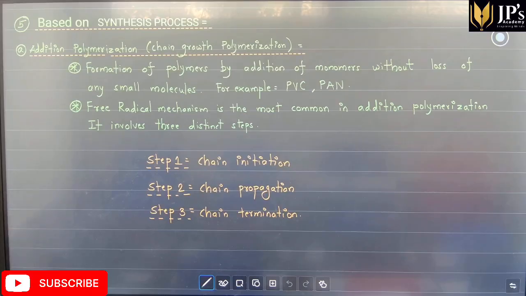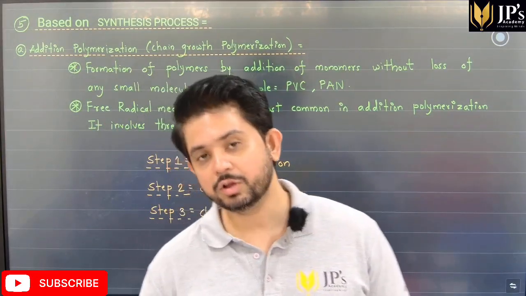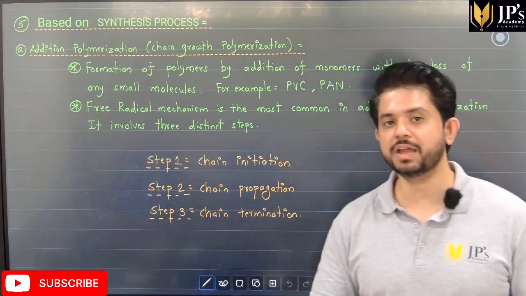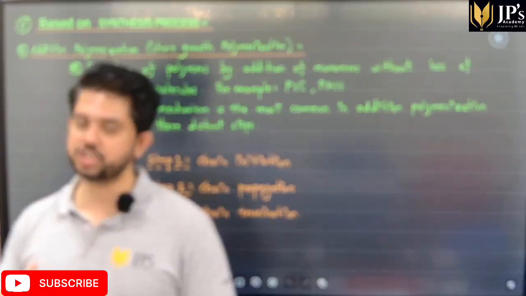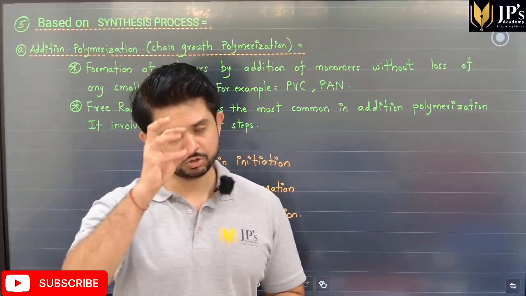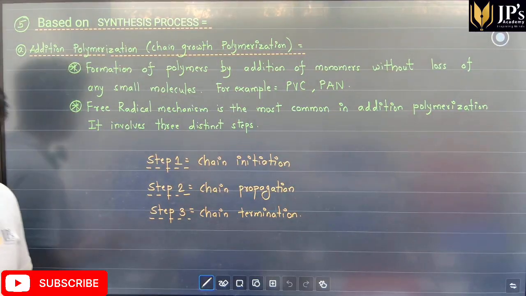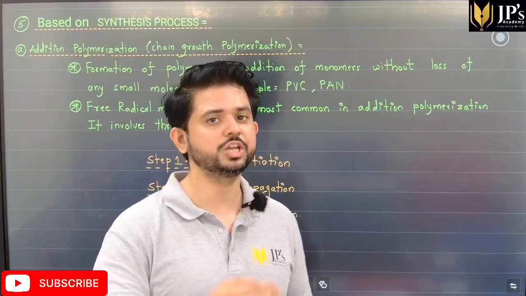The next is very important, the process of synthesis, how you convert a monomer to a polymer. So the first process that we have over here is called addition polymerization, which is also called chain growth polymerization. Students, many of you would have done this in reaction mechanism, free radical mechanism. As the name suggests, chain growth.